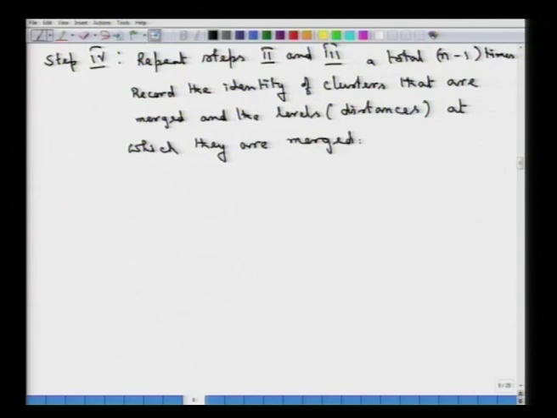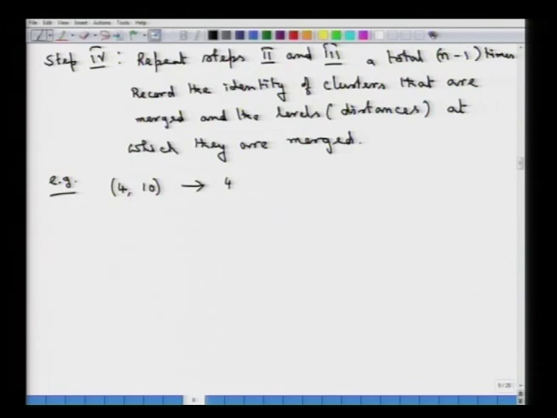So at the end of these n-1 steps, we will have information of the type that say case number 4 is merged with case number 10 at a distance level of say 4. So this is just a numerical example. I will go through a numerical example to see how this step actually works.